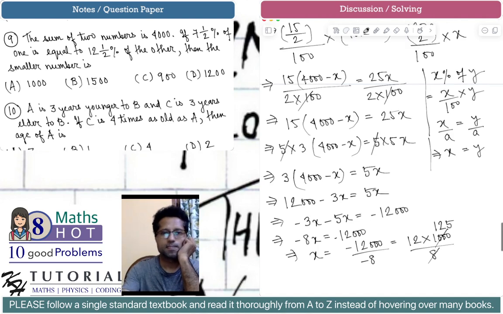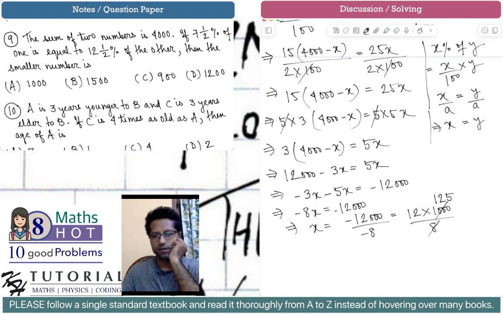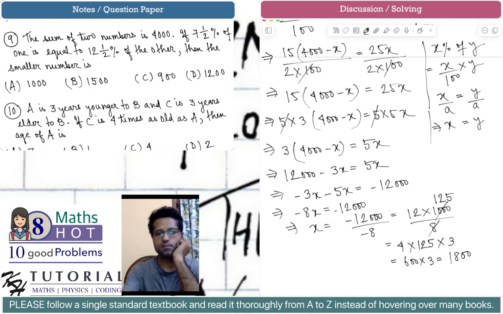So 12 into 125. What is 4 into 125? 600 into 3, which is equal to 1800. I am getting the smaller number as 1800.